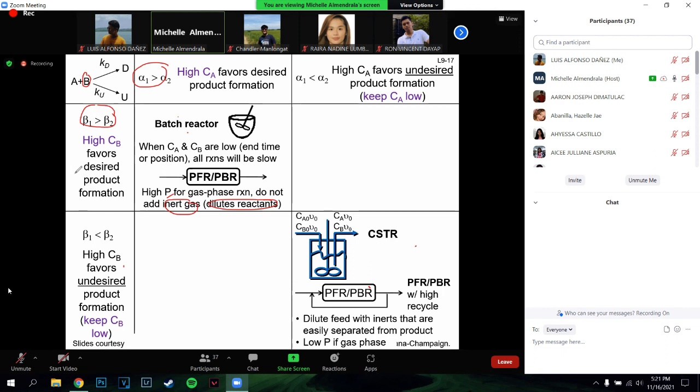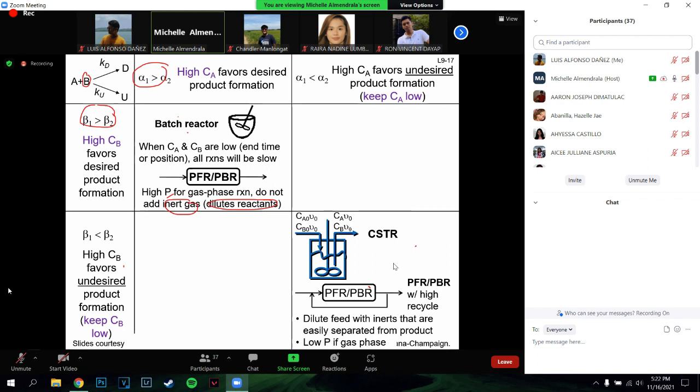So that means the undesired product forms faster. The higher the B, the more undesired forms with respect to B concentration. Here, the larger the A concentration, the more desired. So, keeping CA high, keeping B low. That's how we are going to use that.